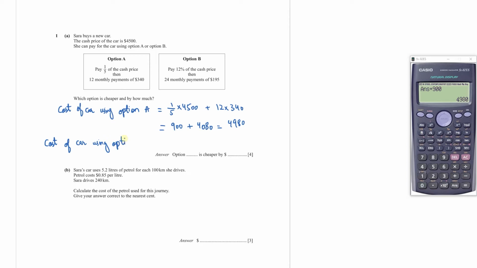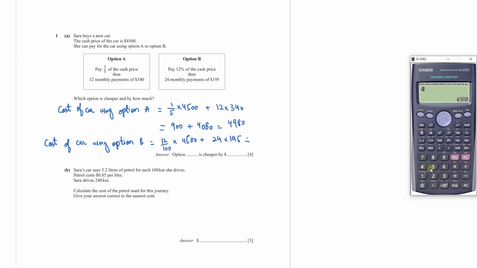So let's also calculate the cost of car using option B. So option B is pay 12% of the cash price. So 12% will be 12 over 100 into the cash price, which is 4,500, plus 24 monthly payments of 195. So 24 times 195.